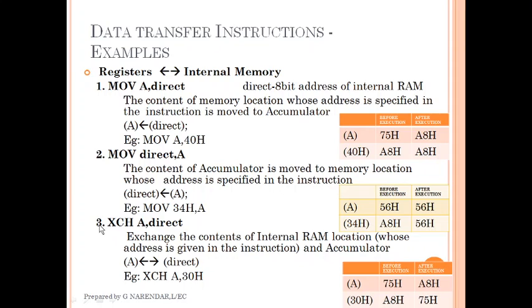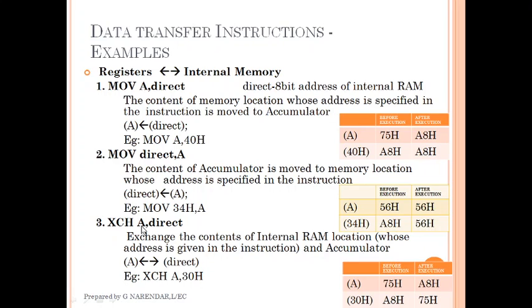So the next instruction here is XCH A, direct. You can see the third instruction, XCH A, direct. XCH stands for exchange the contents of the source and destination locations. So the source location is the memory location, the destination location is our register.